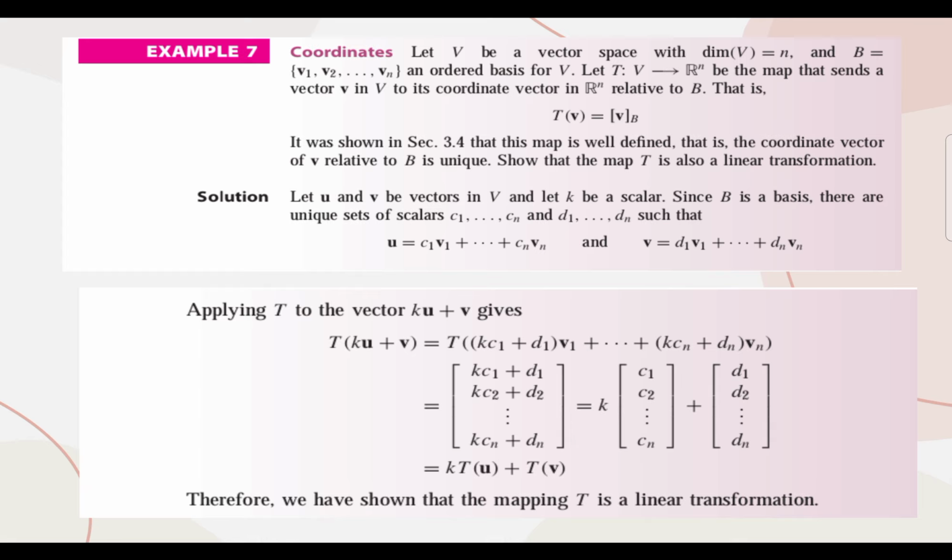By definition, the coordinate vectors are u sub B equals (c1 to cn) and v sub B equals (d1 to dn). Therefore, we have shown that the mapping T is a linear transformation.